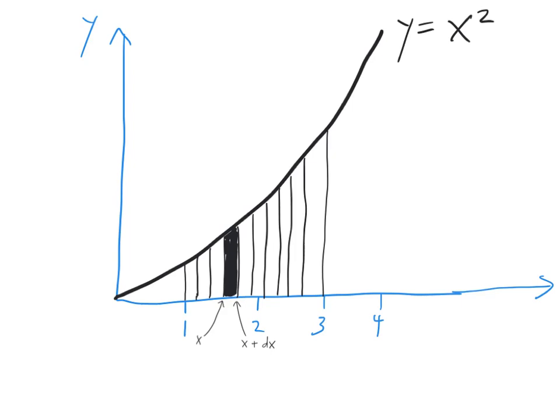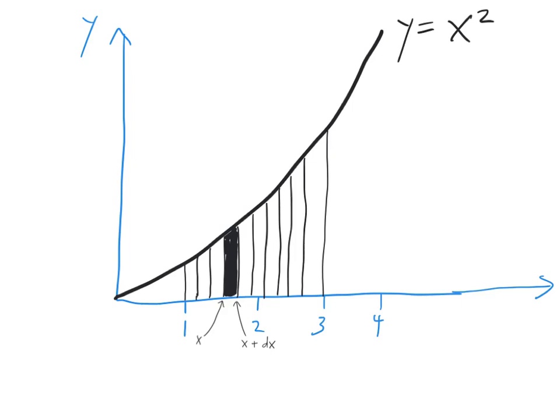Okay, now let's look at the height of this rectangle. We want to know its approximate height. Now again, the left-hand height and the right-hand height are slightly different because if you look at the top, there's a curve there, right? So the right-hand side happens to be a slight bit taller than the left-hand side. However, if the width of this rectangle that we're calling dx is very, very small, then the difference in heights we can view as negligible.